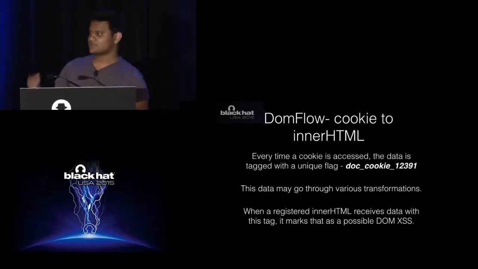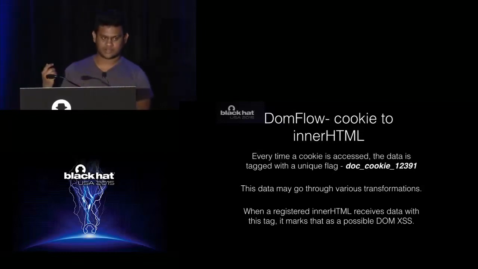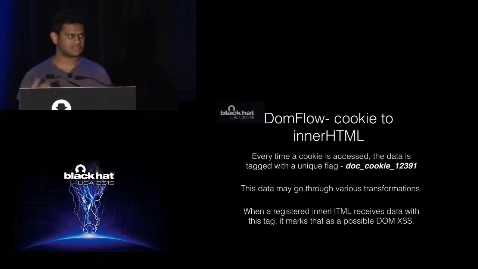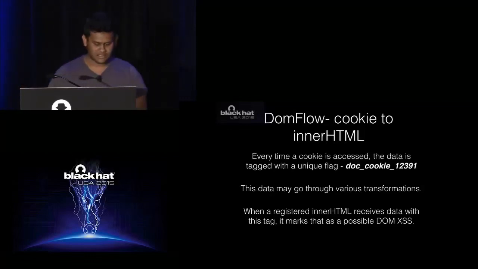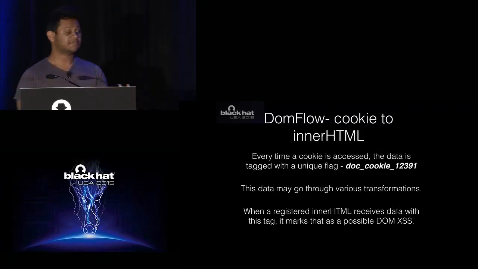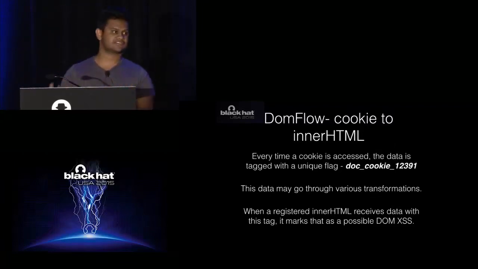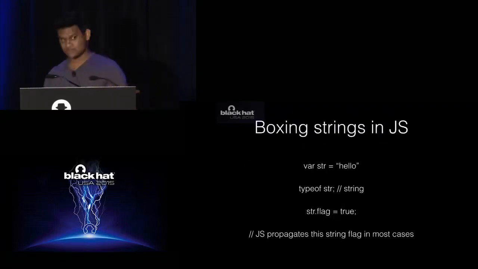Every time the cookie is accessed, that specific data is tagged with a flag which says, okay, I am doc cookie with a certain flag, and it goes through transformations, and ultimately when the innerHTML sink registers look at this, they understand what's happening here. So that's one way of doing it.